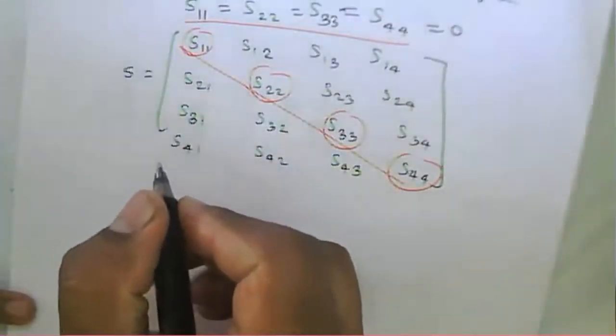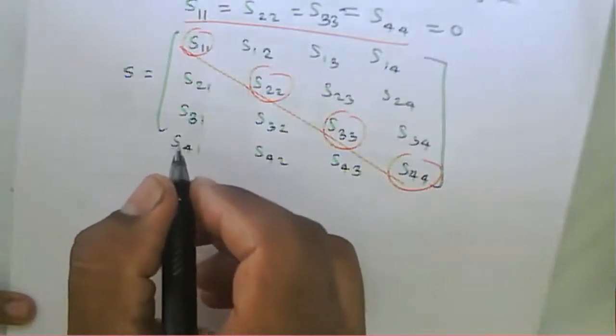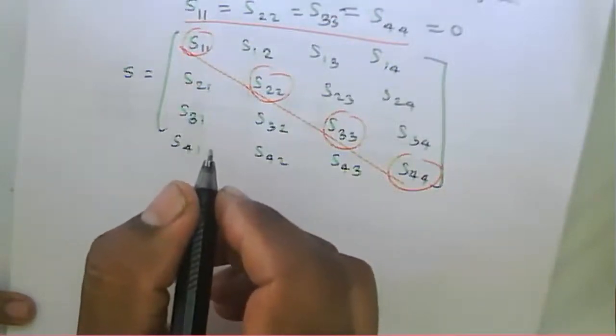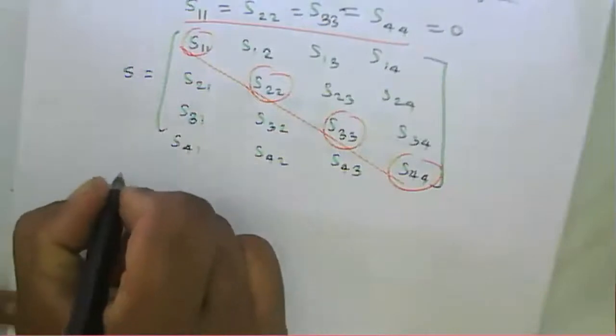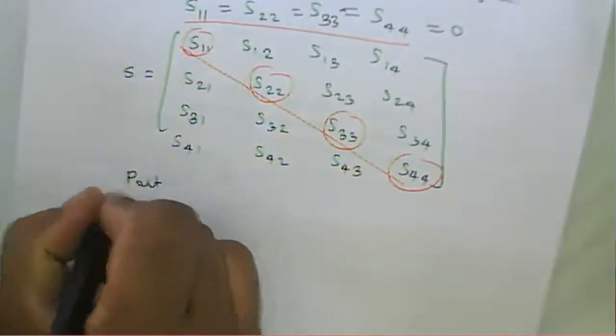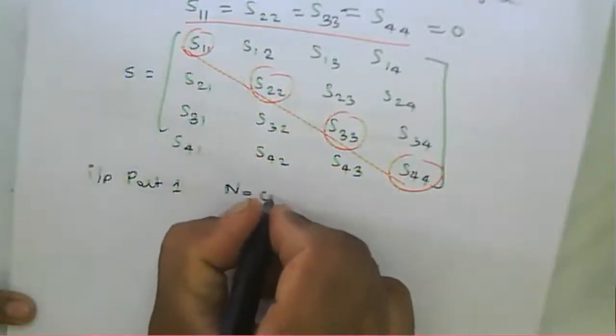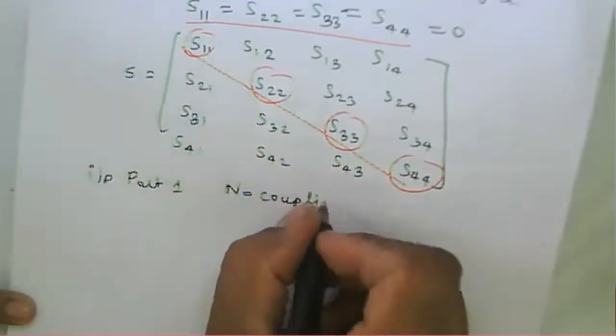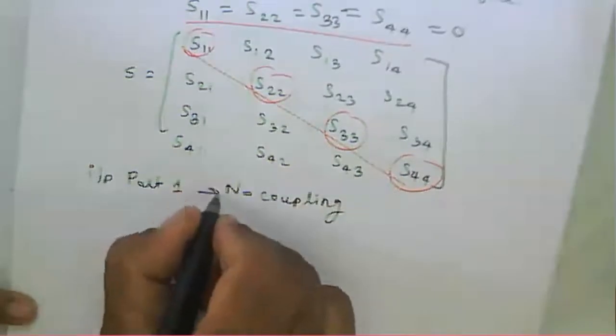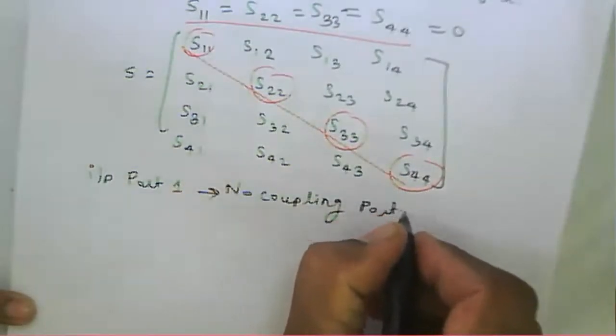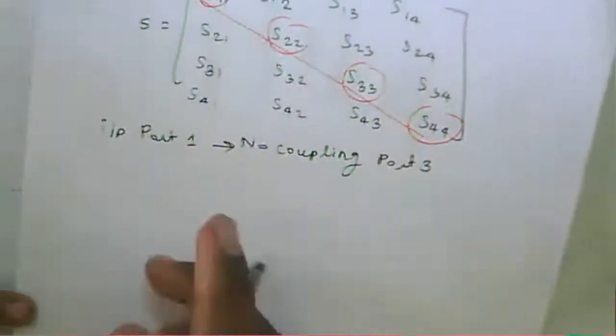Now, when we provide the input to port 1, there is no output or no coupling to port 3.